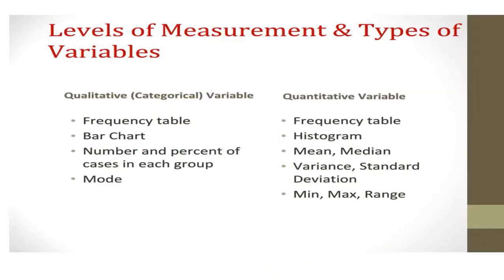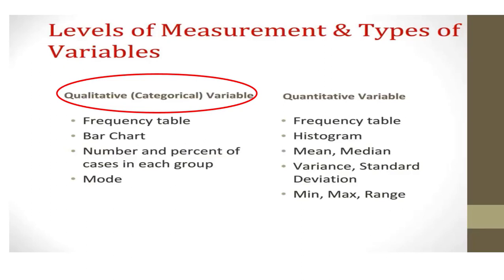When it comes to the levels of measurements, we have qualitative and quantitative variables. Now the qualitative or categorical variables, notice that to report these, we're going to use frequency tables, bar charts, number and percent of cases in each group, or the mode. The mode is simply the highest value that we get in our data, the number that is going to be repeated the most.